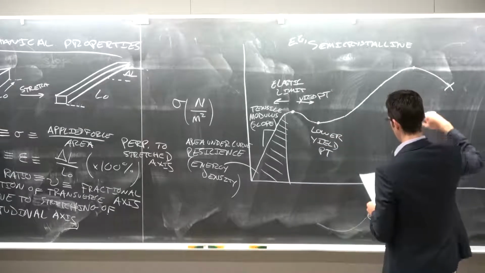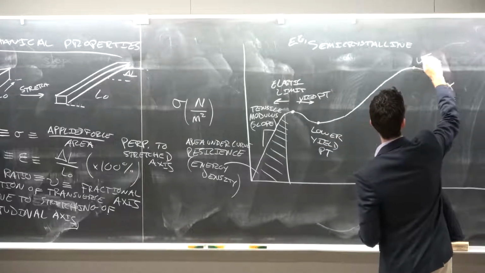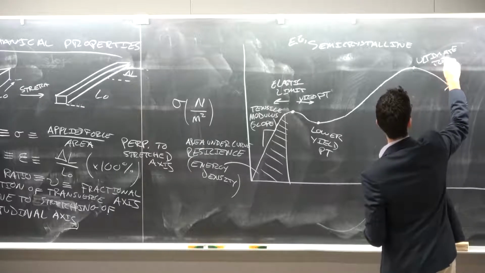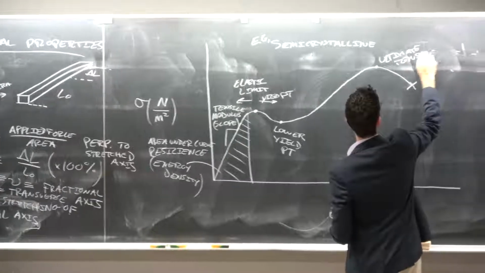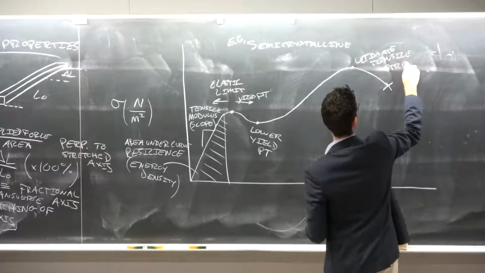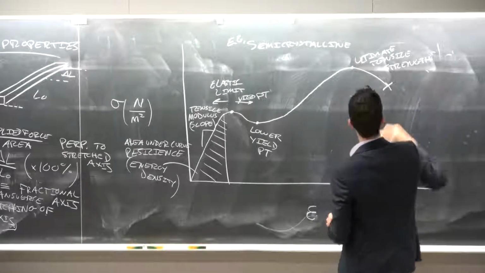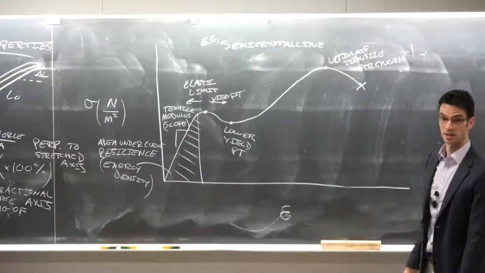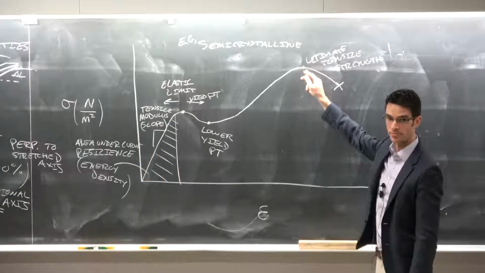Up here, we have the ultimate tensile strength, which is the quotient of stress over strain at this point.